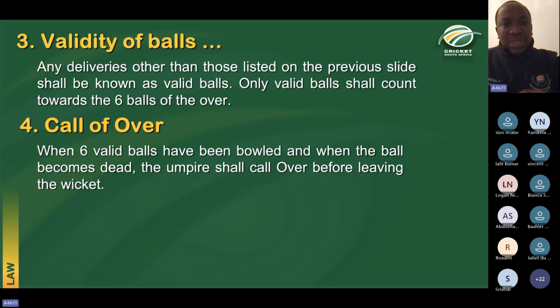Quite importantly, and we'll deal with this tomorrow in the dead ball law, an umpire should not call over before he or she considers the ball to be dead. And we'll have a nice video for you to watch where 1 or 2 players think the ball is dead and that's the end of the over, but the opposition didn't think so.